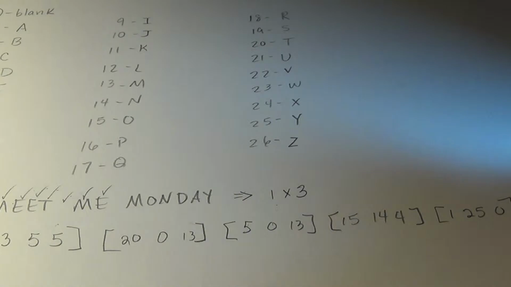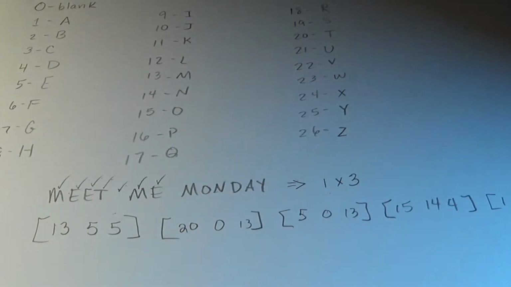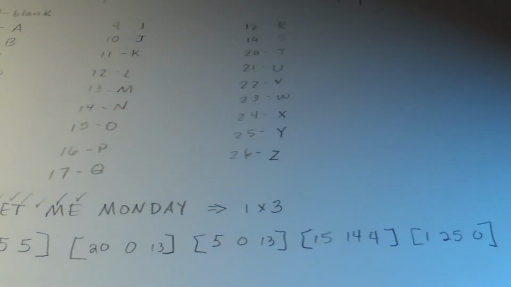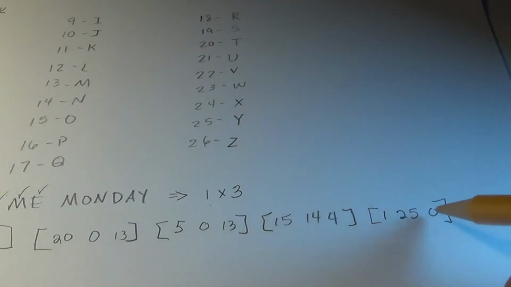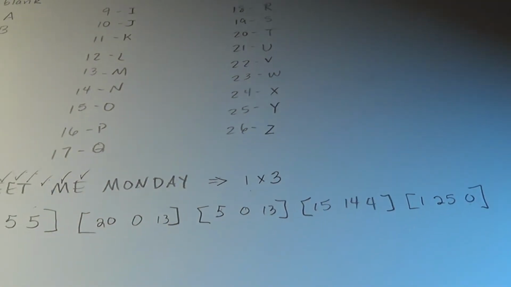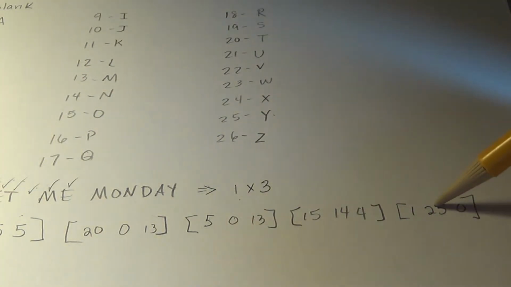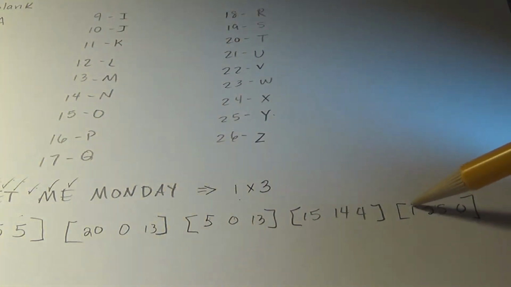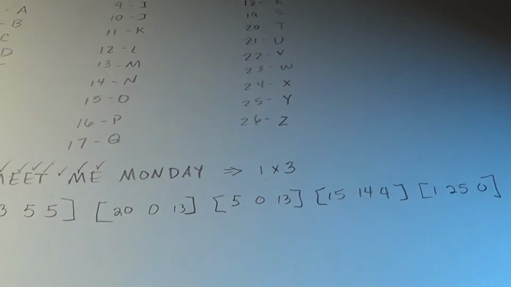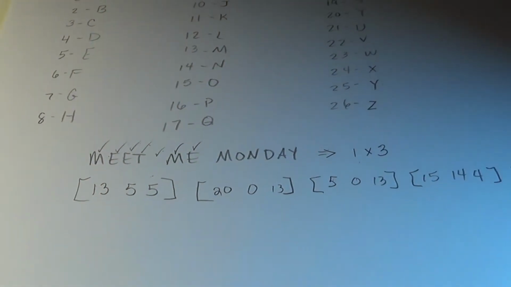The 0 at the end is there because I need 3 in each spot, so I had to fill in with zeros. The last Y was 25, so to have a 1x3, any leftover spots took a 0 there at the end.